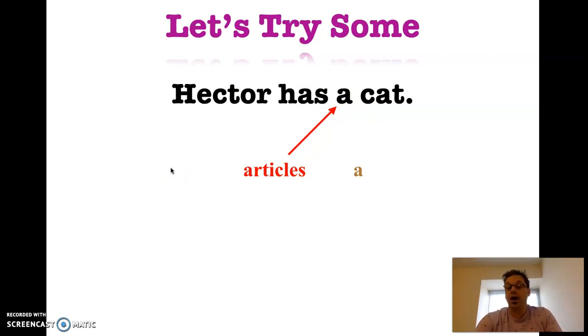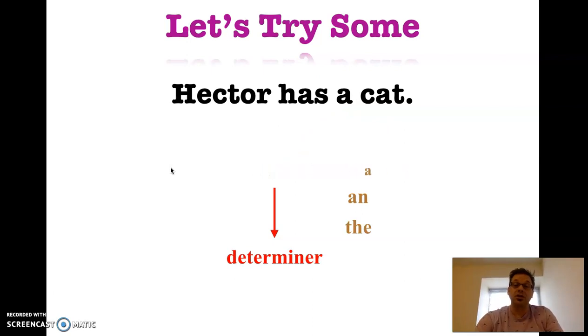A or a, an or un, the or the. Articles are a kind of word called a determiner, right? And there are many kinds of determiners, but we'll look at those another day. Let's say goodbye to this information and look at some more examples.